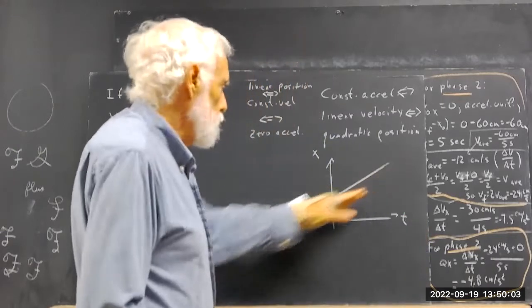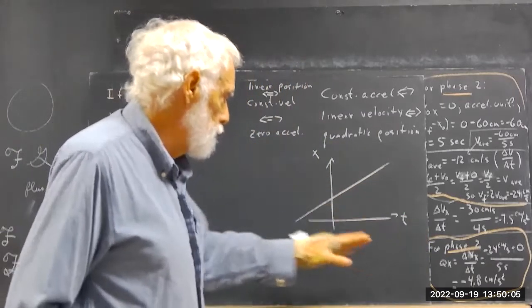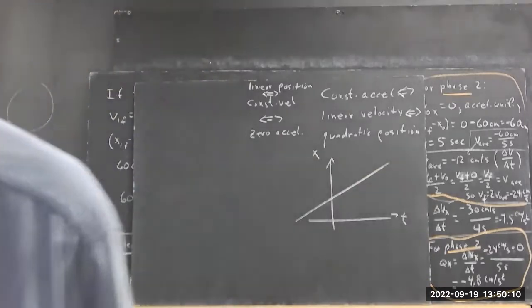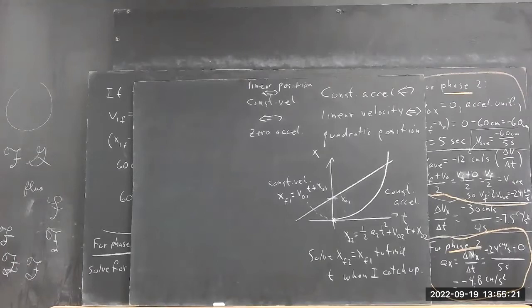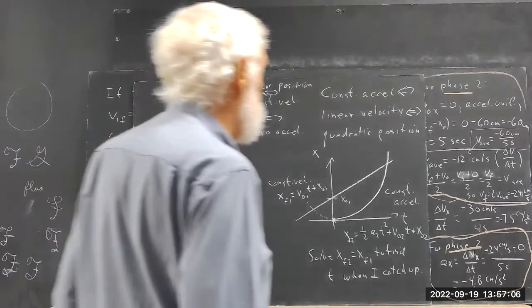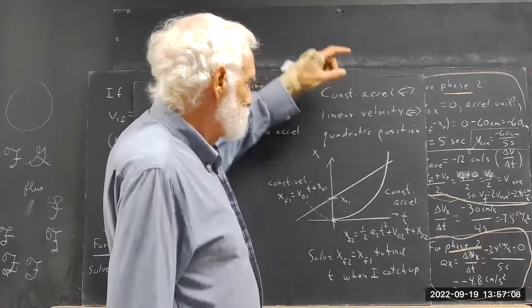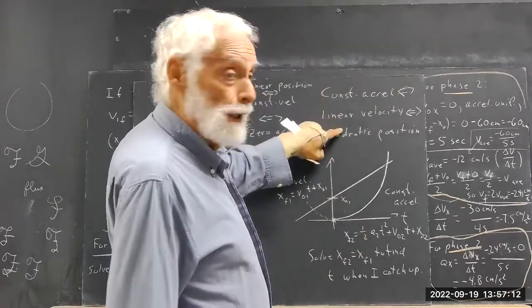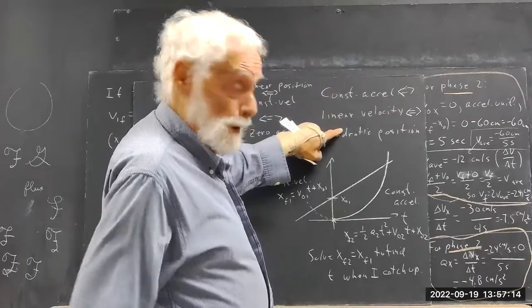So what does this straight line graph tell me? If x versus t is a straight line, what do I know? Well, apparently I didn't record all this, but you have a constant acceleration, that's equivalent to having a linear velocity. Why is that?